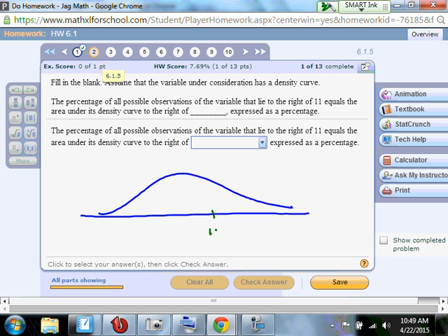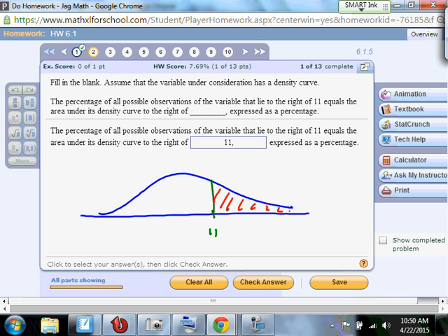Here's number 11 somewhere. And they're saying the percentage of all possible observations of the variable that lie to the right of 11. So they're saying the percent of all the things in here equals the area under the density curve to the right of what? 11. It's going to be to the right of 11.